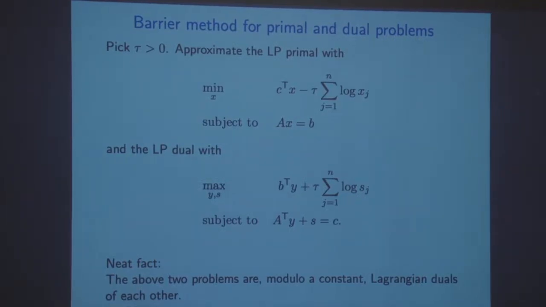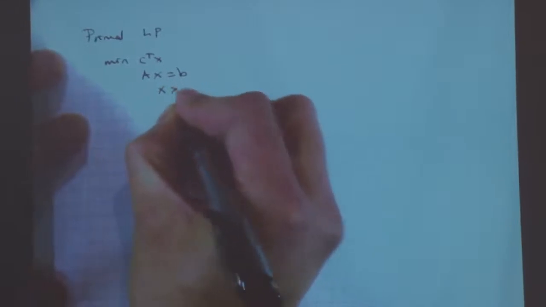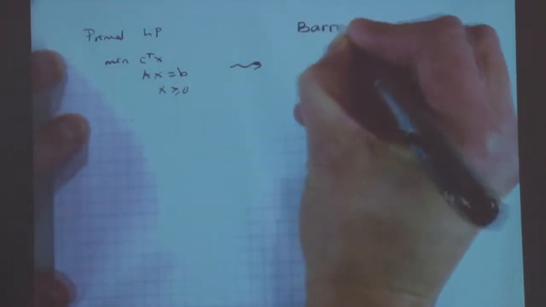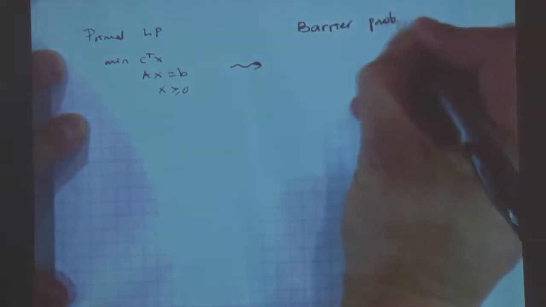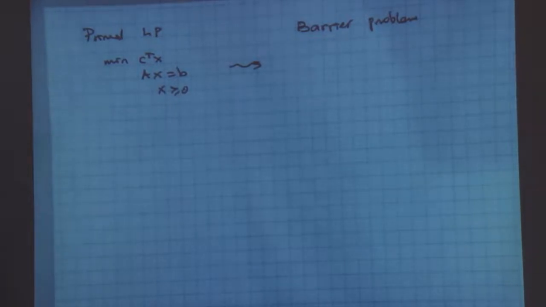So our primal LP is min c^T x, Ax = b, x ≥ 0. Then if we were to apply the barrier method, we just do what Ryan told you to do last time.